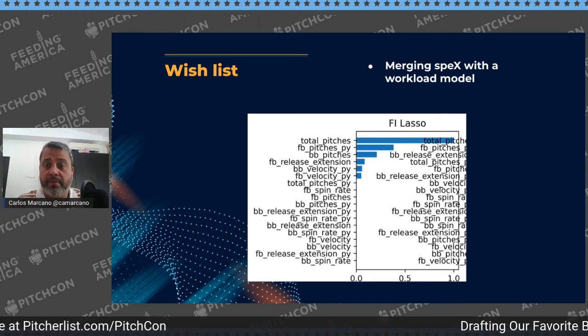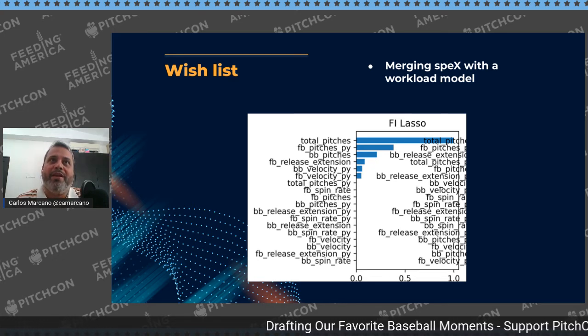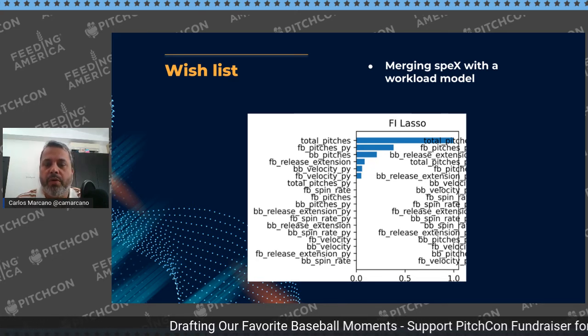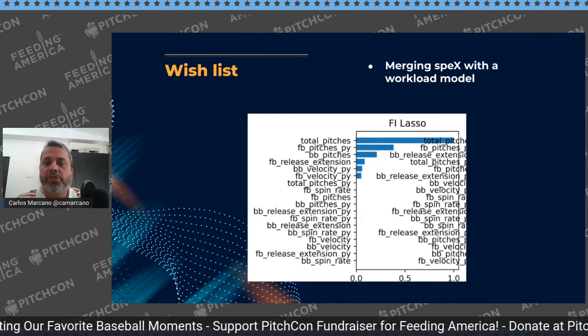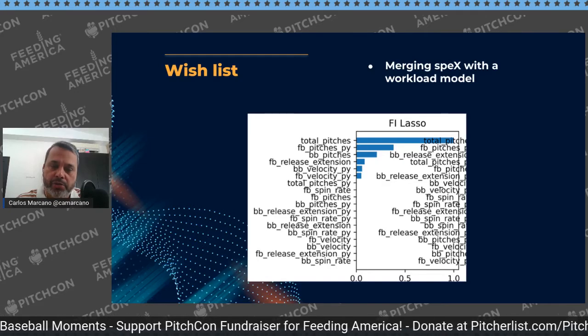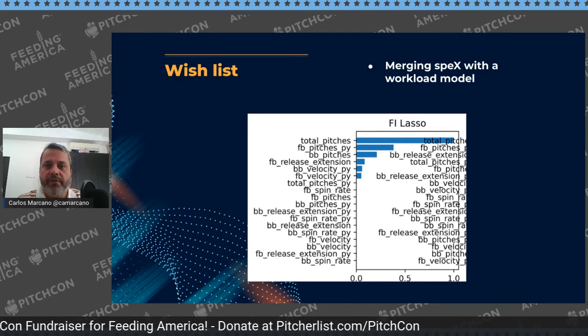I didn't think that it would help or be a part of a workload model. I found in the initial testing that it has some relation to it. So this is something I want to achieve at some point.